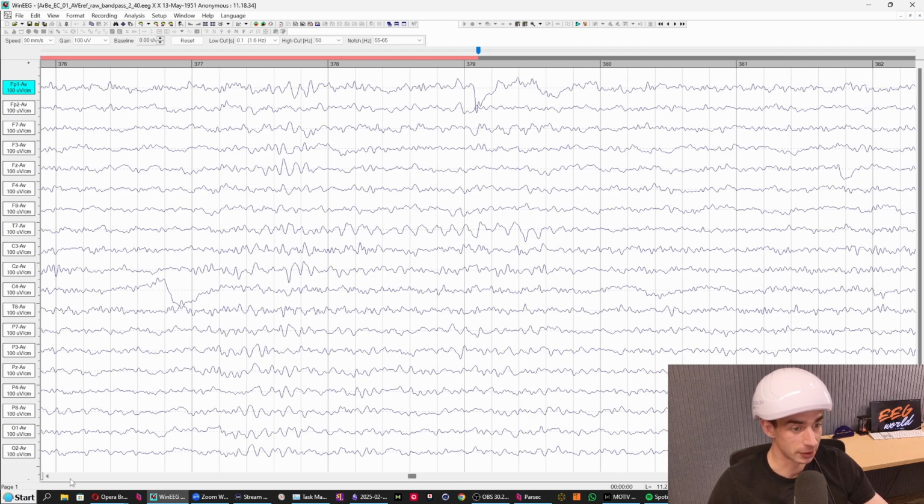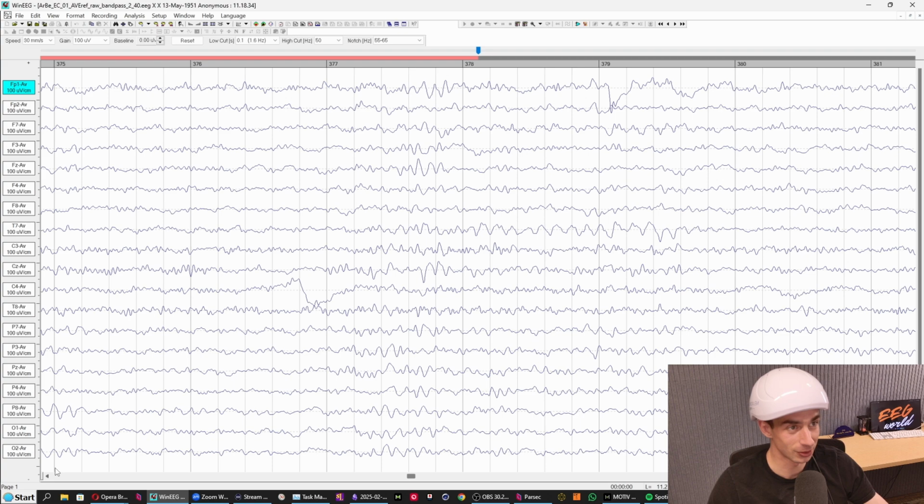And this is a perfect example of that. Lo and behold, we have a drop out of the background rhythm, which is associated with B stages of sleep. We have beta spindles and a reduction in the total band power of the EEG in the background happening.